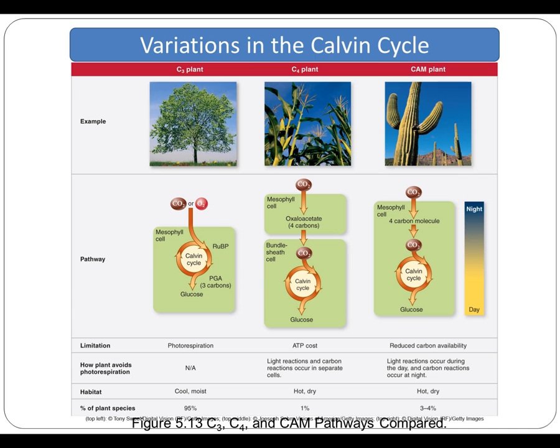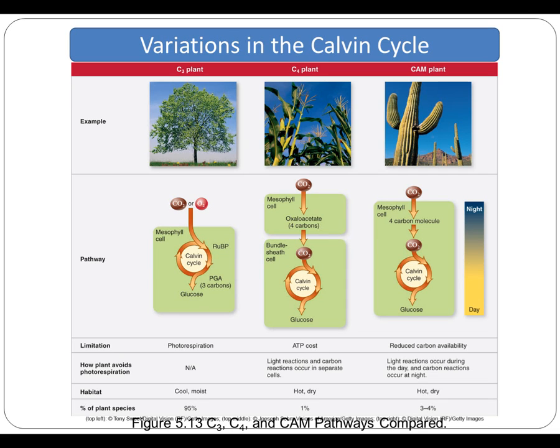In the C4 plants, atmospheric carbon dioxide enters in the mesophyll cells where it's fixed and a 4 carbon molecule is produced, not a 3 carbon molecule. That 4 carbon intermediate molecule is then transferred to a neighboring set of cells called bundle sheath cells.